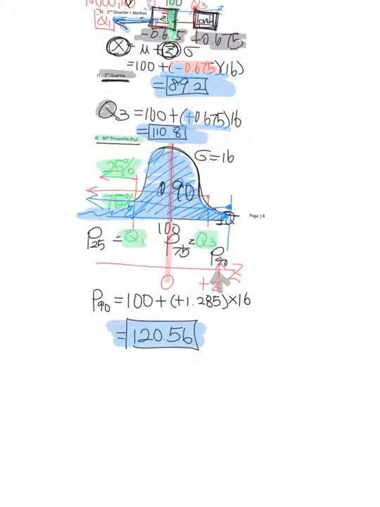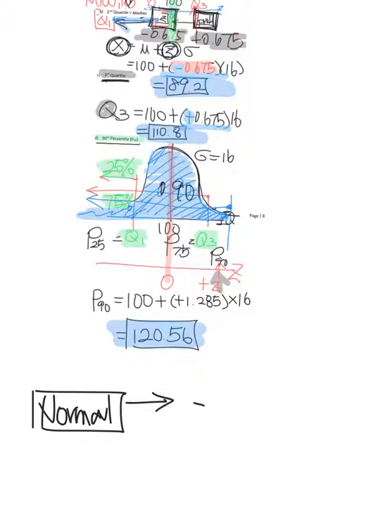So now we have any kind of normal distribution. We took the z-score: z equals x minus the mean over sigma, the standard deviation.